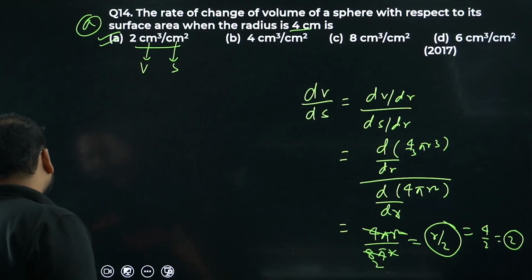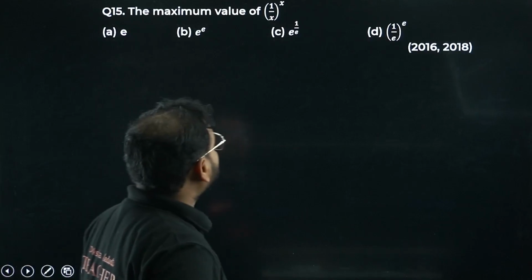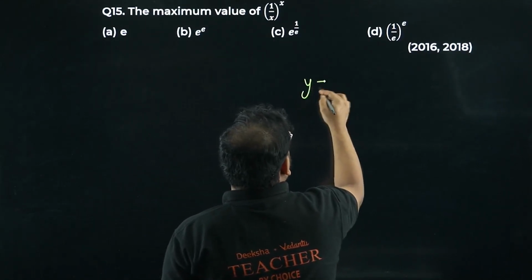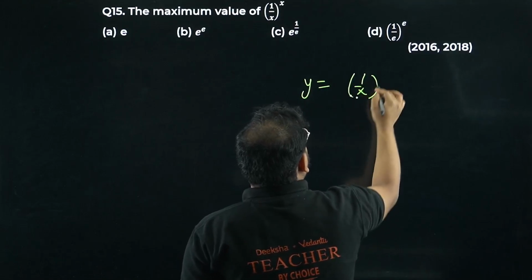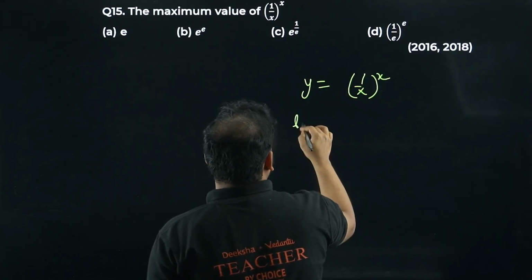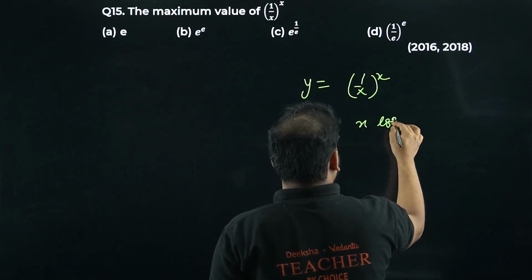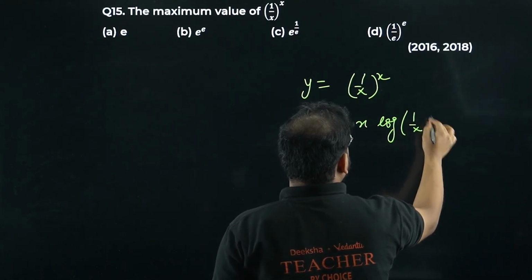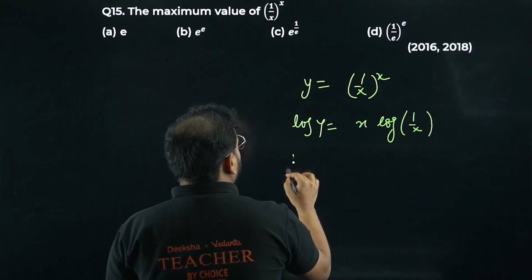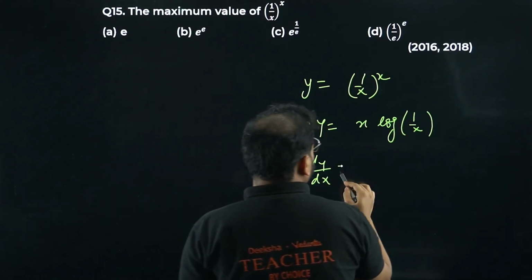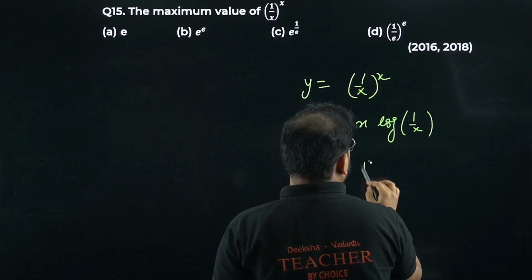15th now. The maximum value of this, maximum we have to find out. Let's apply this. Y equals 1 upon x to the power x. Apply log. We get log of y equals x log of 1 by x. Differentiate. We'll have 1 by y dy by dx equals, for x you'll have 1, so we keep it like this.